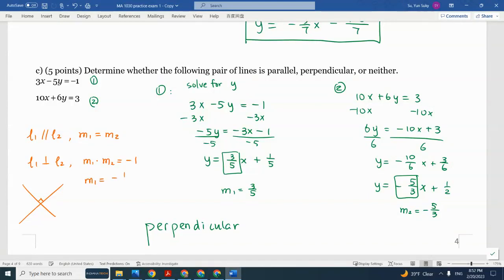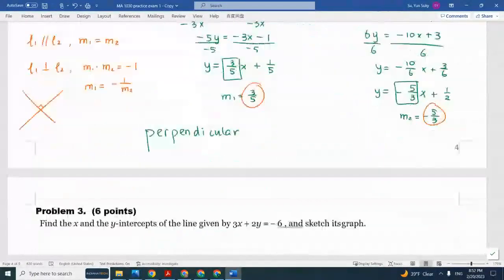Therefore, m1 is -1 over m2. They are negative reciprocals. See, 3 over 5 and negative 5/3 are negative reciprocals. Gotcha. Thank you. You're welcome. Okay, good.